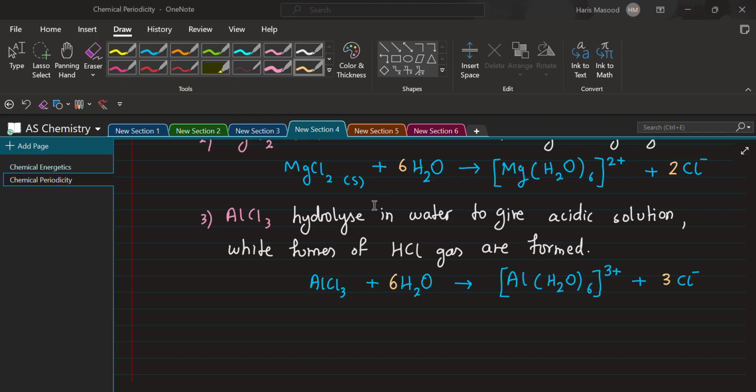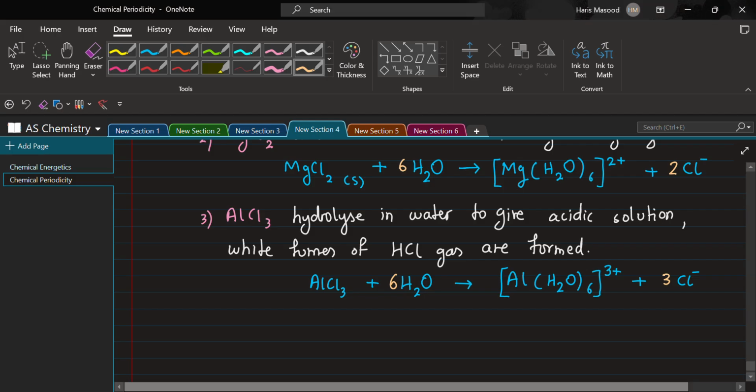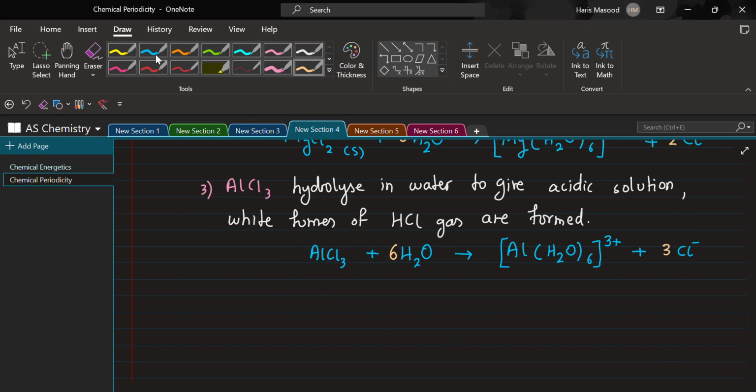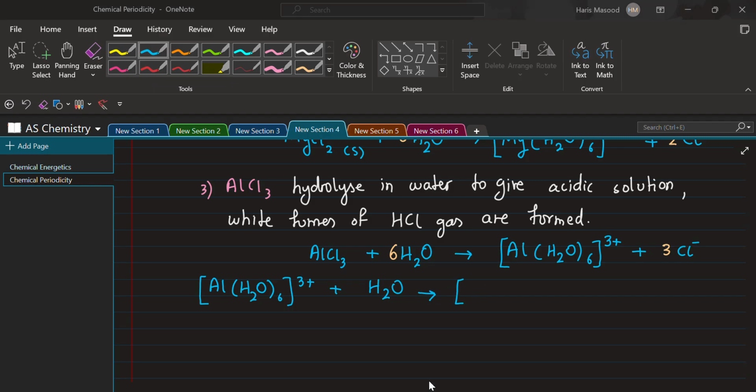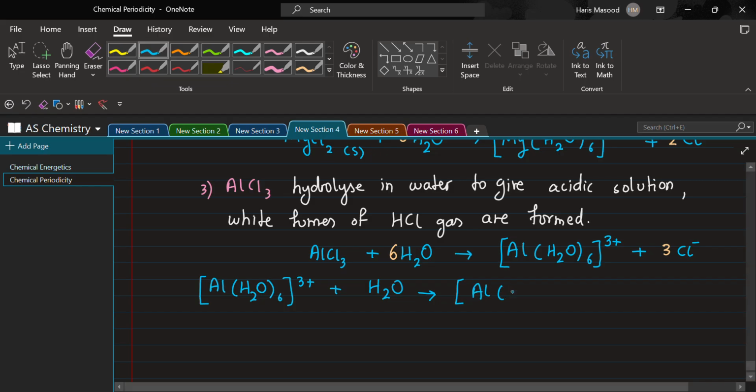It will further react with water to form another complex ion that will be something like this: [Al(H2O)5OH]2+, and the hydrogen.